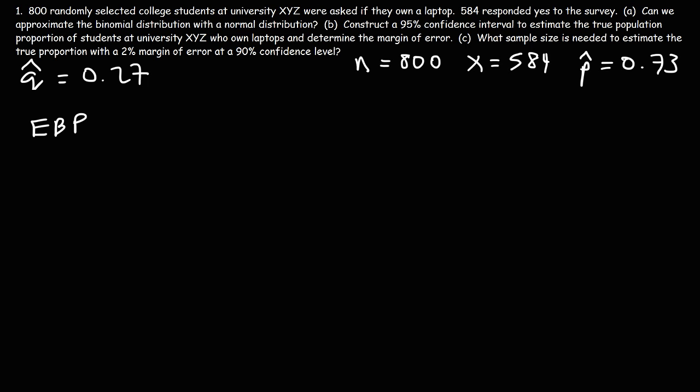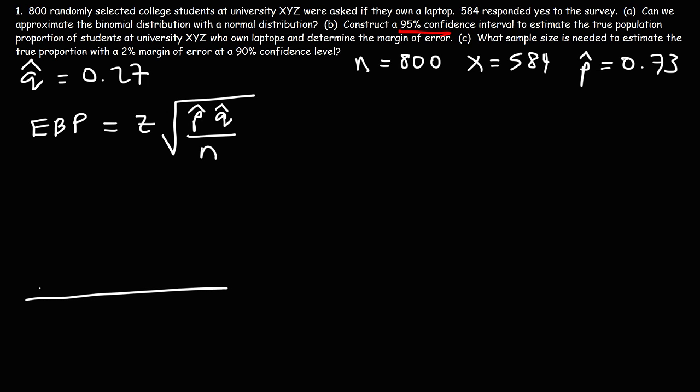So the error bound for the population is equal to the z-score times the square root of p hat q hat divided by n. Now we have p hat, q hat, and n, but we don't have the value of z. However, we could find the value of z from the fact that we're trying to create a 95% confidence interval. So let's draw a picture.